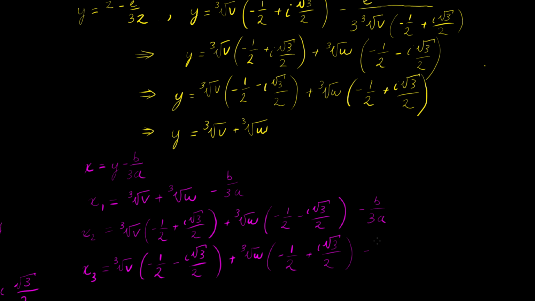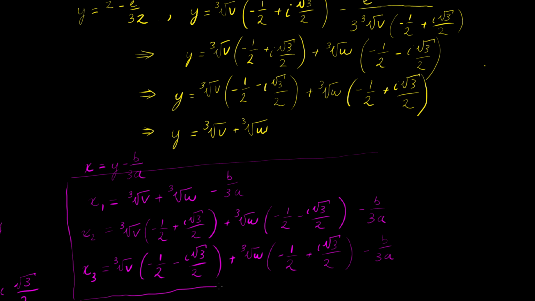And this v and this w are just the values that we got earlier. We could write it out, but it would be pretty large, but this is the simplified version.